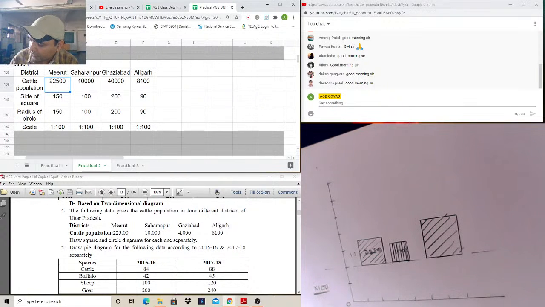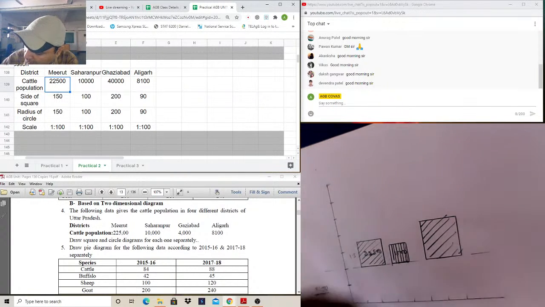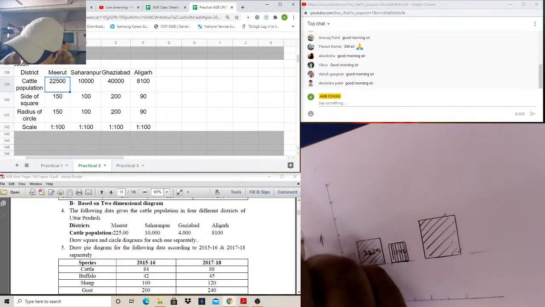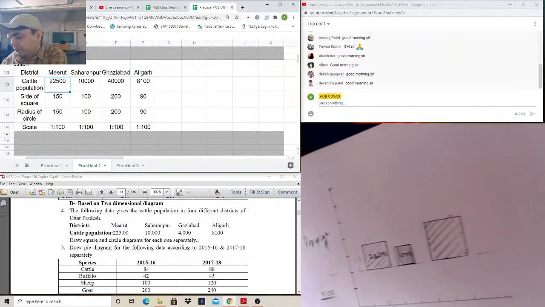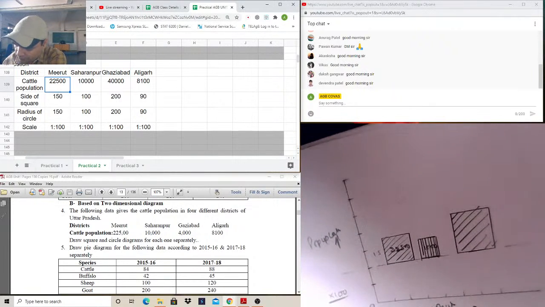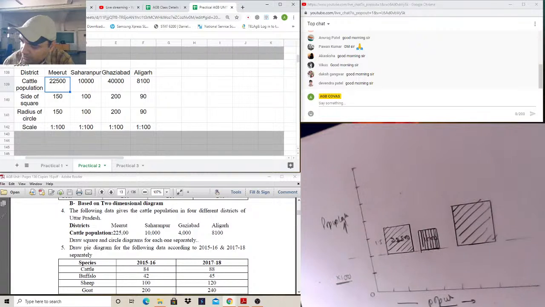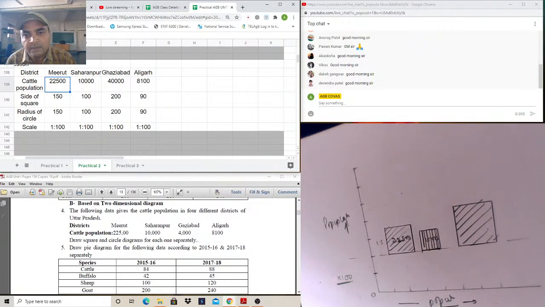And this will be the population in this direction also and this direction. So this is how we show the 2D diagrams.